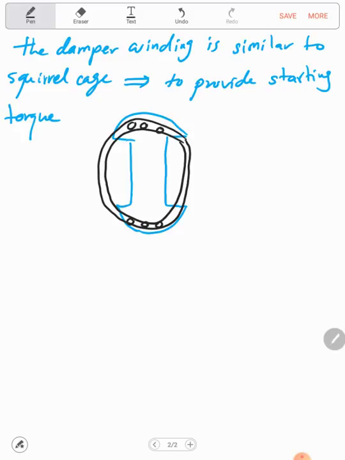Now, why do we need the damper winding? In general, we need the damper winding to provide starting torque. Now, why does the synchronous machine not have starting torque?